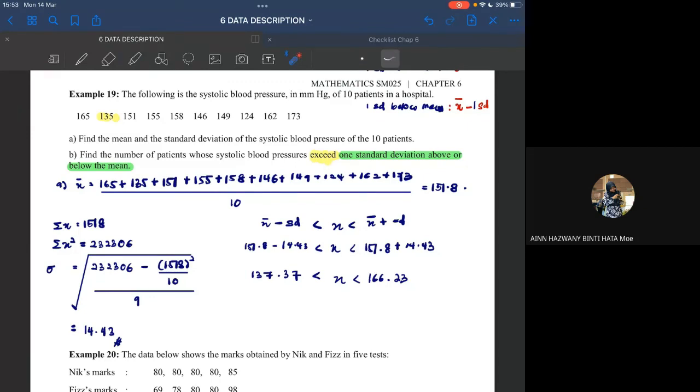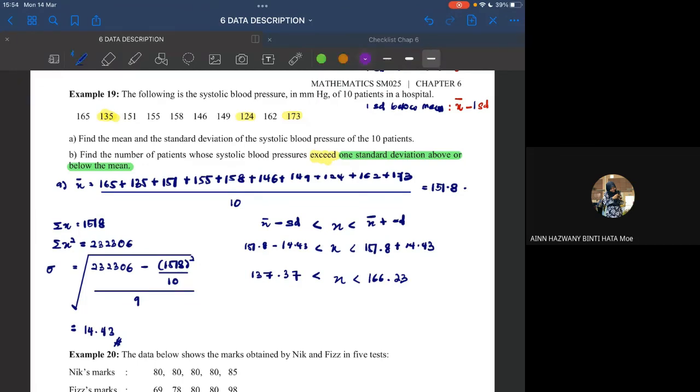Mana satu yang exceed di luar range kita ni? 135, 173 and lagi 124. Okay. So ada 3, betul tak? Ada 3 patient dekat sini yang exceed the value 1 standard deviation above or below the mean.